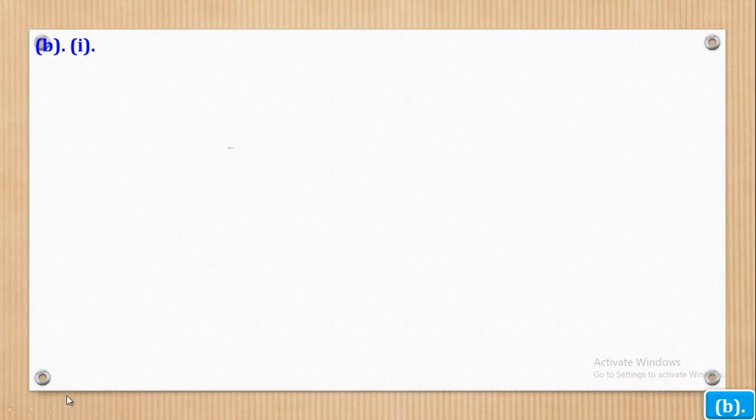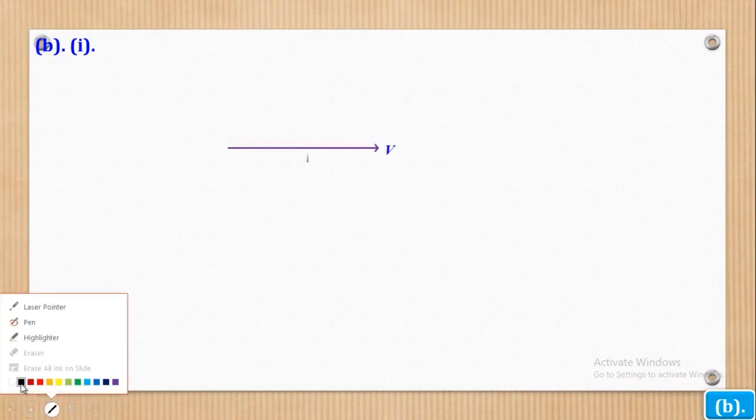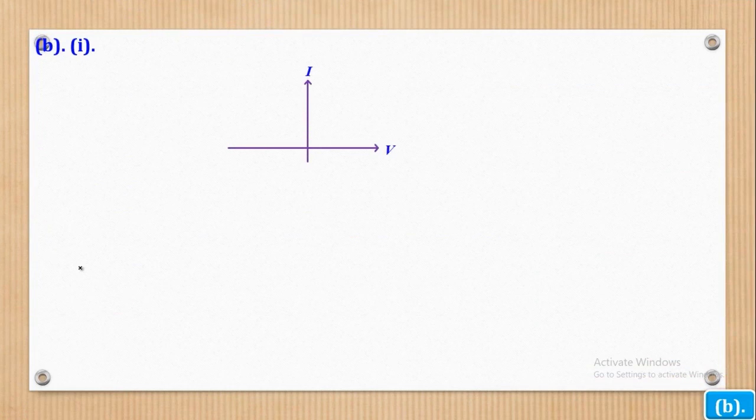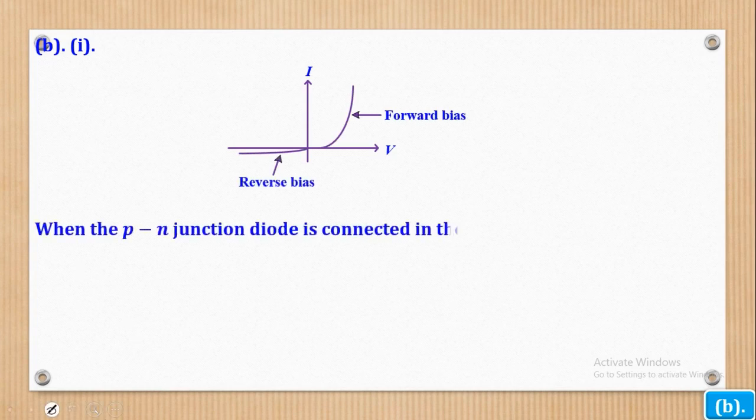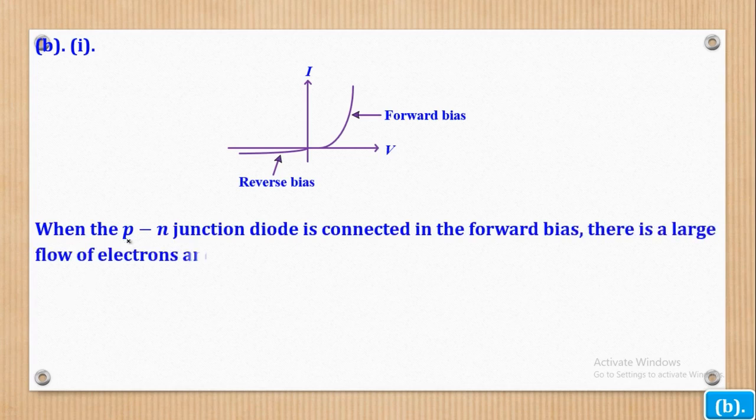So we shall draw the axis, then remember, you have a part which is forward biased and a part which is reverse biased. For the forward biased, it will be of that shape, and reverse biased, it will be of that shape. So they told us to explain such as that when the PN junction diode is connected to a forward bias, there is a large flow of electrons and hence high current.